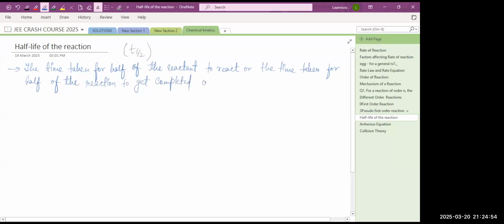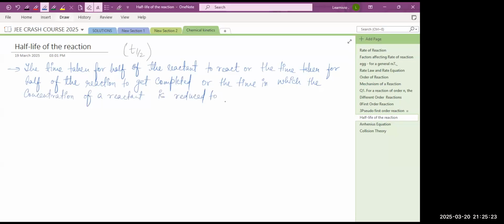Or in other words, you can say the time in which the concentration of reactant is reduced to half of its original value is called its half-life, the half-life of the reaction.